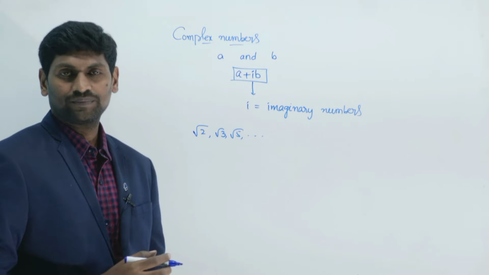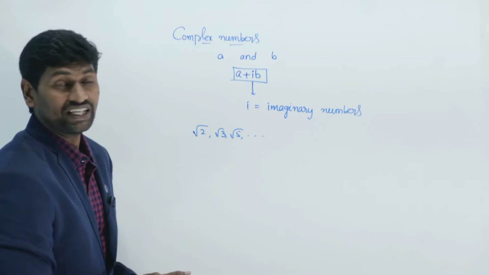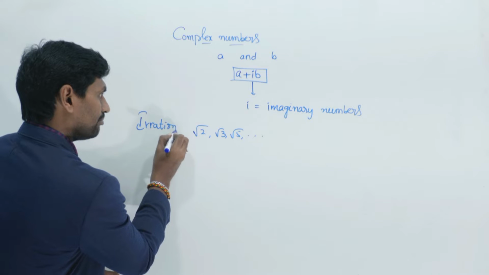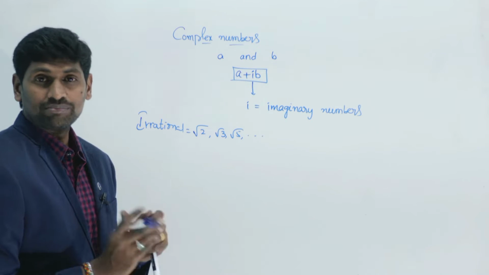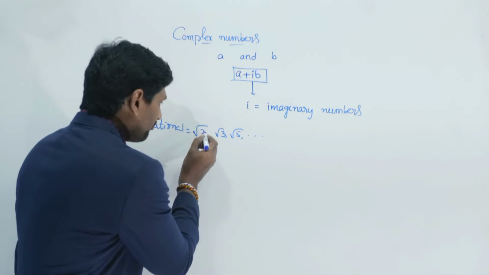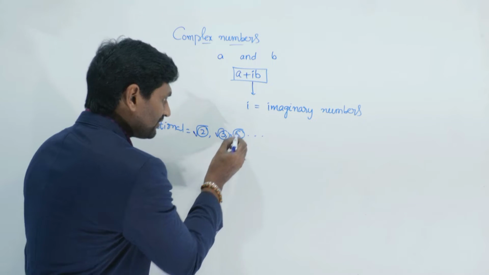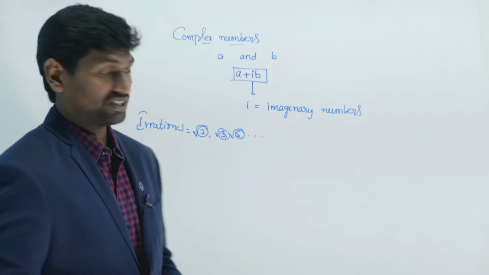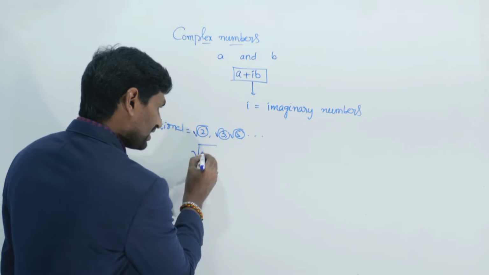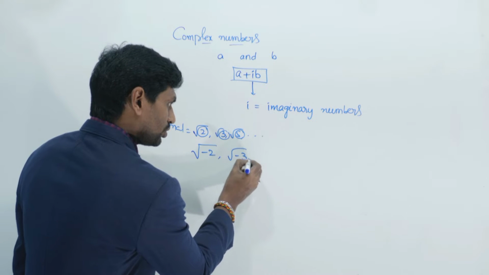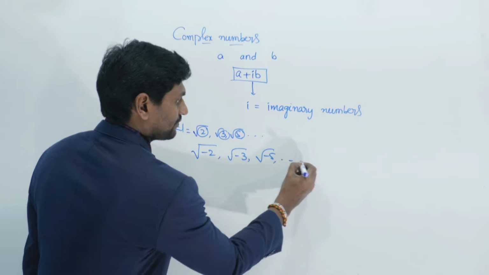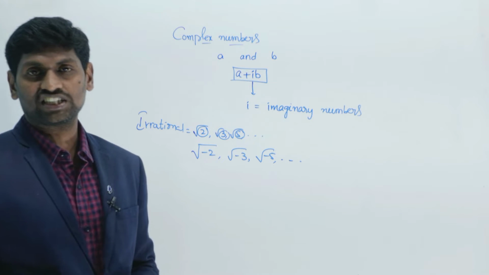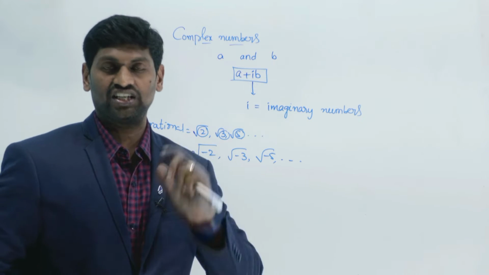While observing the square roots of 2, 3 and 5, these are all positive real numbers. In case we take root over minus 2, root over minus 3, root over minus 4 and so on, such numbers are called imaginary numbers. Clear?